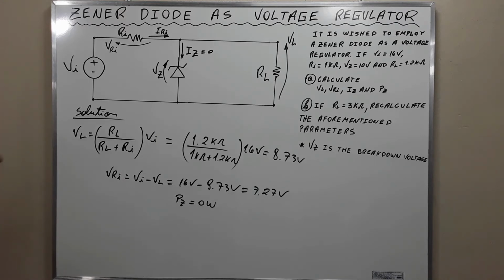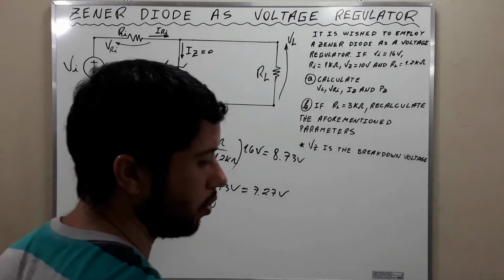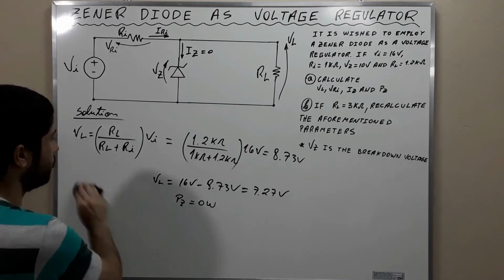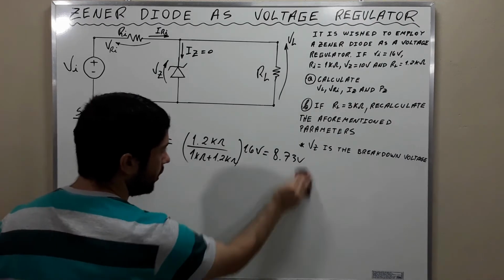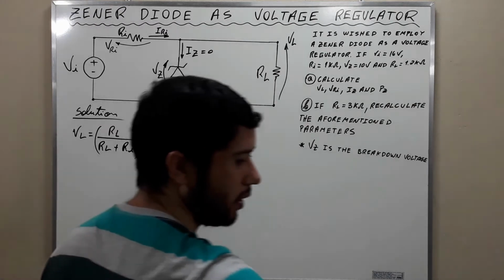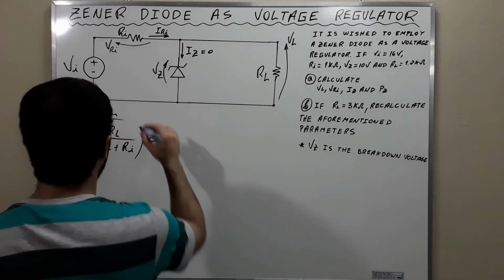Now let's do it all again. Recalculate for the load equal to 3 kilo ohms. We are going to recalculate it and see what happens. Okay? And then it is going to be letter B now.